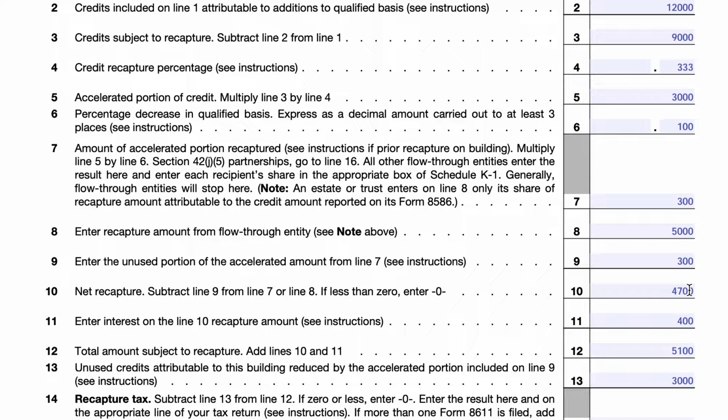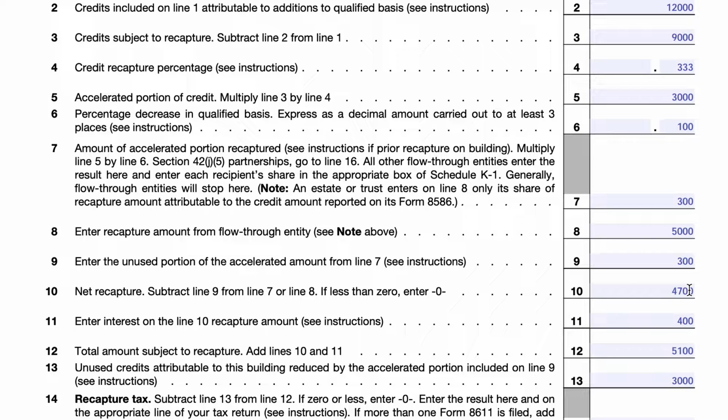Line 11, you enter the interest that you calculate on the line 10 recapture amount. You actually have to use the federal overpayment interest rates that are published quarterly by the IRS, and you have to basically compound that from the original date of your tax return for the year that you claimed any of the credit that was then subsequently recaptured, and you have to do that for every single year.